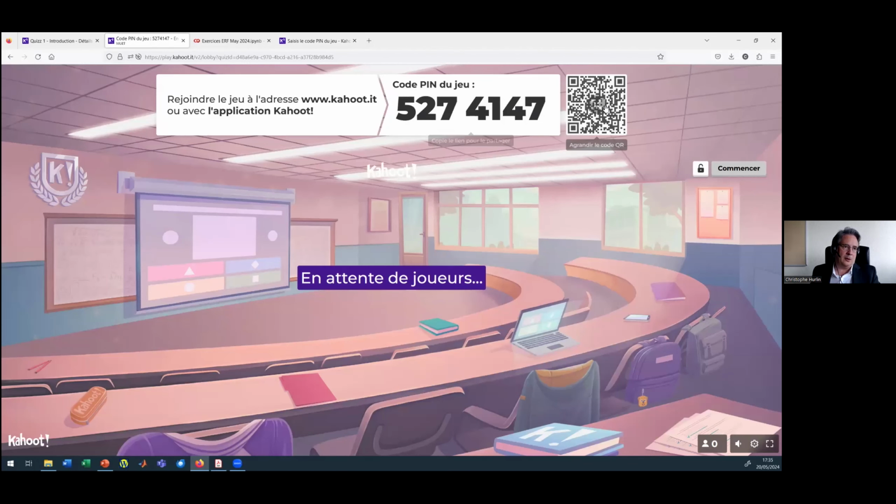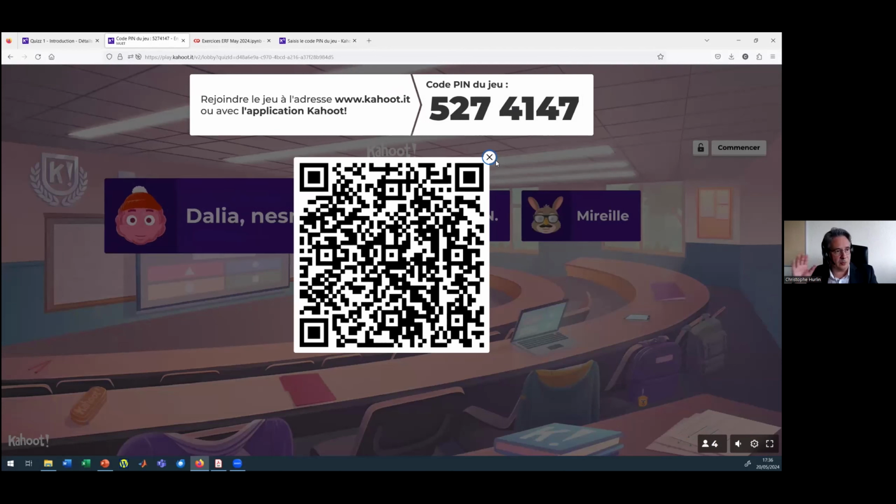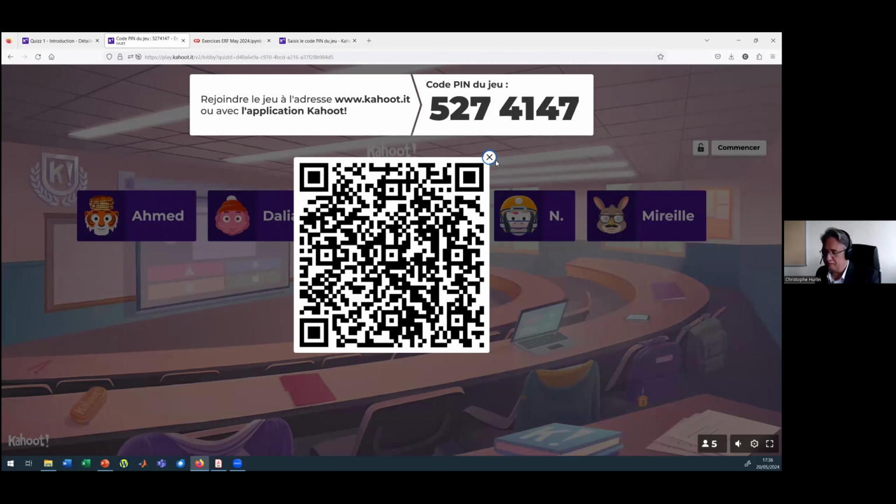And the PIN code is the following. You can also use a QR code here to log yourself into the Kahoot. And for people who don't know, Kahoot is just a website that allows you to make some quiz just to check if you have understood the main ideas of the first part of the lecture.